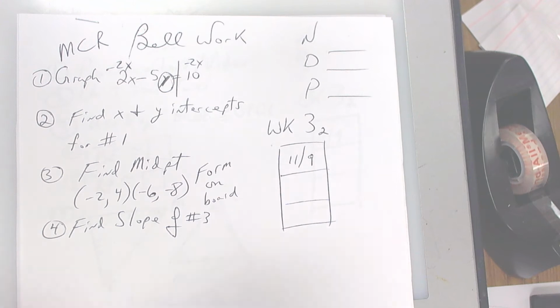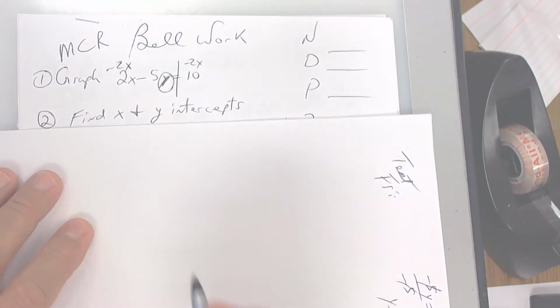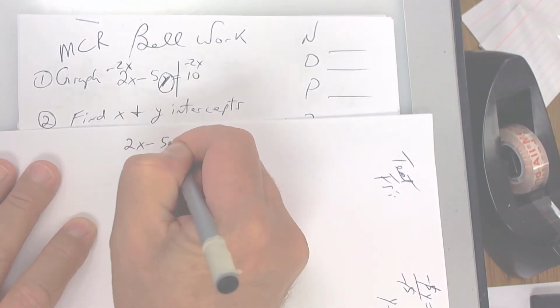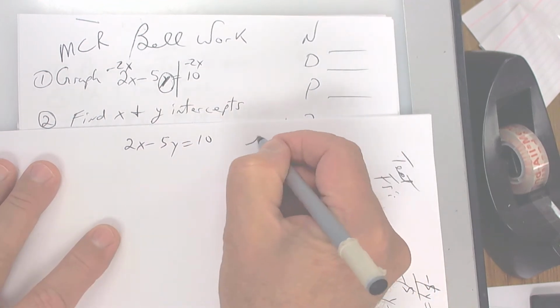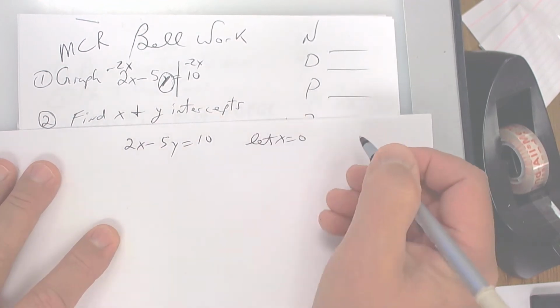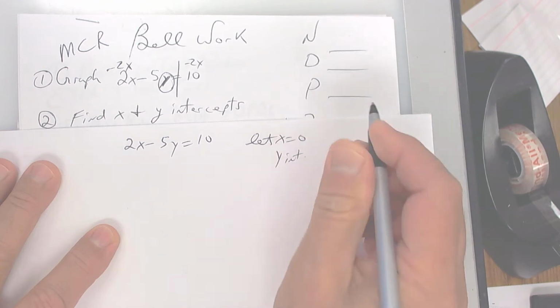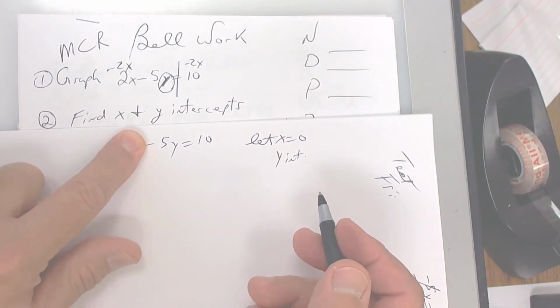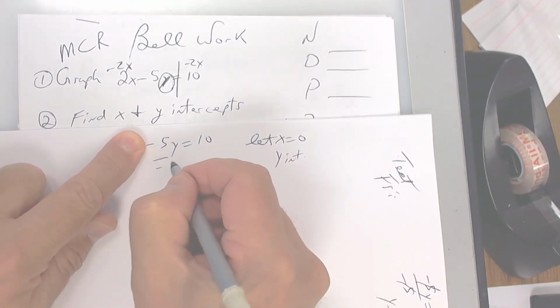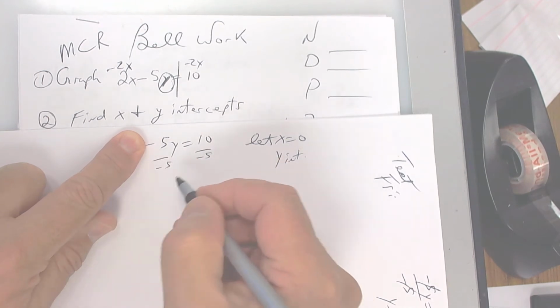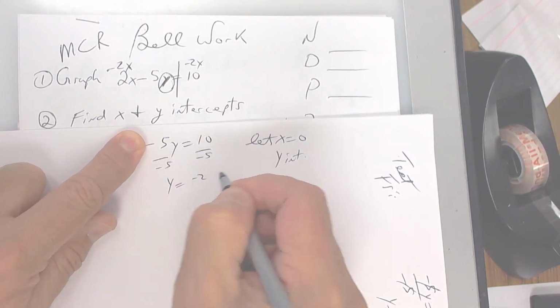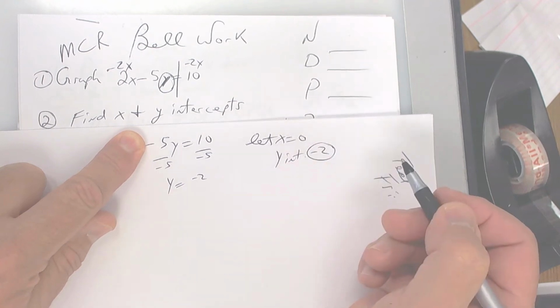Number 2, find the x and y intercepts. So you have 2x minus 5y equals 10. You're going to let x equal 0 to get the y intercept. So cover this x up, divide by negative 5, and you get y equals negative 2. That's your y-intercept.